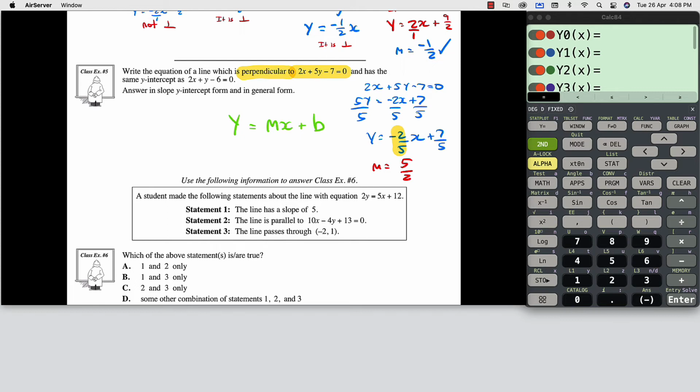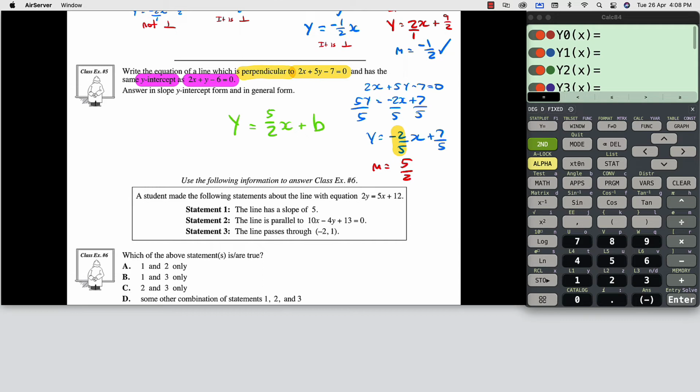We've just figured out in order for it to be perpendicular, the slope needs to be 5 over 2. So the m should be 5 over 2. Now let's take this second equation right here, and we're going to use its y-intercept to put into the position of b right there of our new equation.